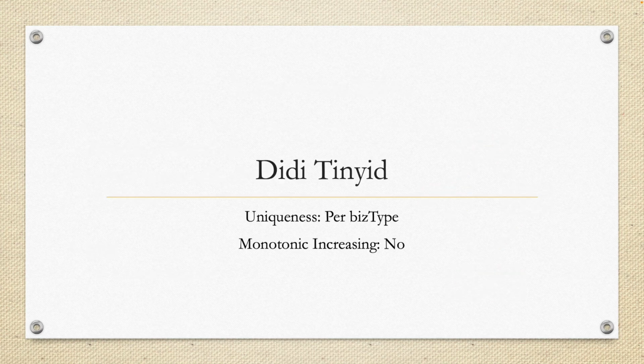The next solution I'm talking about is DD Tiny ID. It provides per-biz-type uniqueness and is also not sortable.